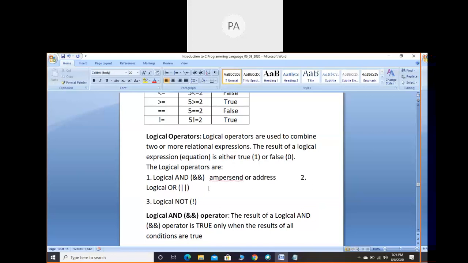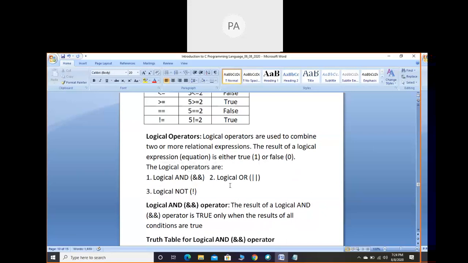If we leave a space in between, the individual symbols are called address symbols, or there is one more category of operator called the bitwise operator. So whenever we use logical operators, we should be very careful and not leave even a single space. The symbol name is ampersand or address symbol, but when you combine two and use them in an equation, it is called the logical and operator.